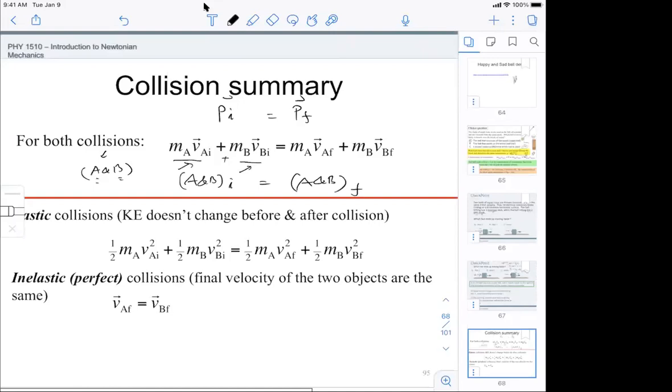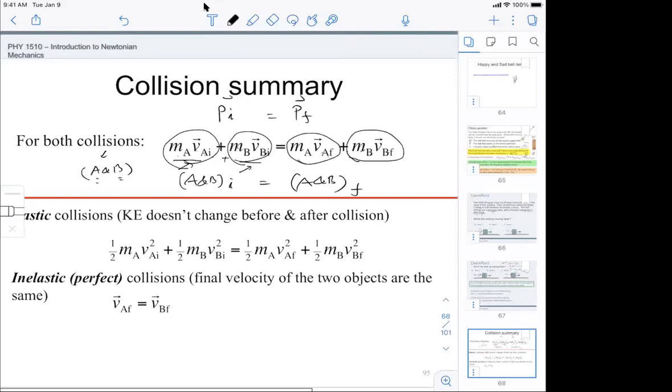So if you work it out with math, it breaks down into m_A v_A initial plus m_B v_B initial equals m_A v_A final plus m_B v_B final. So momentum of A initial plus momentum of B initial is equal to momentum of A final plus momentum of B final.